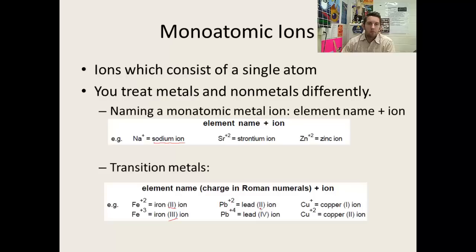So lead sometimes will lose 2, so you have to call it a lead ion, but you have to include the Roman numeral. Sometimes lead will lose 4, giving an oxidative state of +4. You have to include that +4. Same with carbon. Sometimes it loses 1 electron, sometimes it loses 2. But these are easy. Sodium ion. This is a strontium ion, a zinc ion. That's how we treat metal ions.